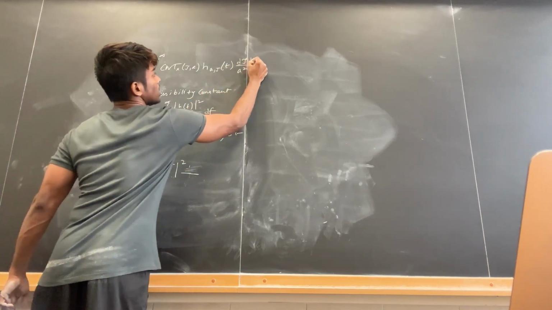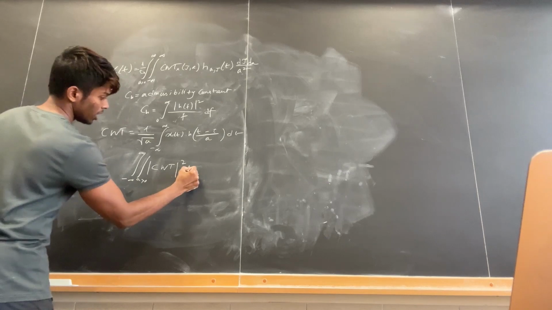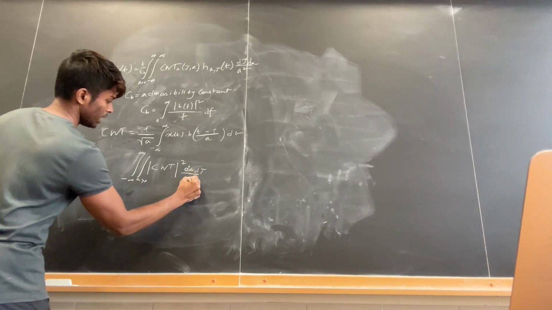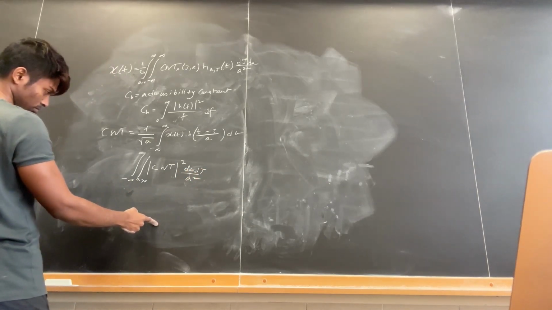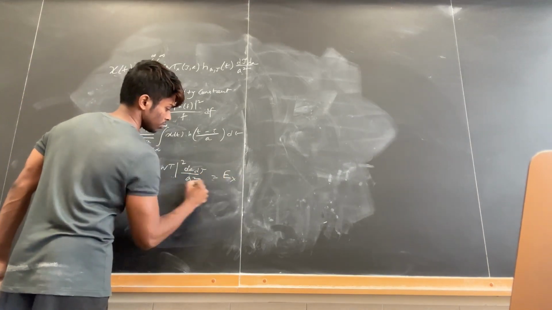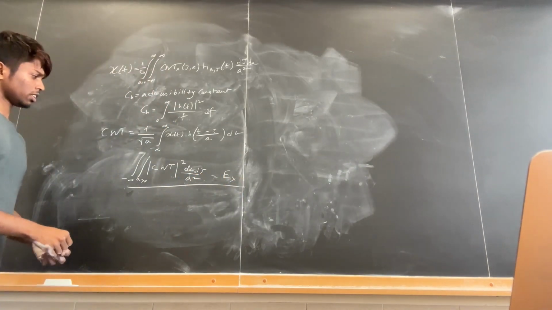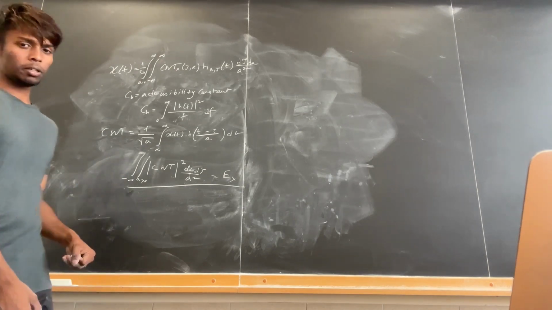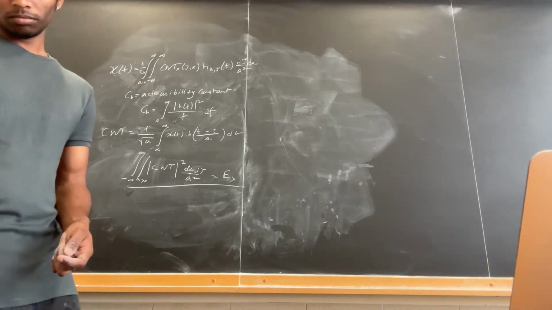Also there was a dA here, I forgot. This is the energy of the signal Ex. So the energy of the signal can also be obtained by this particular integral.